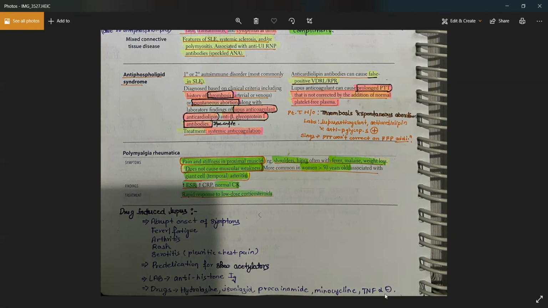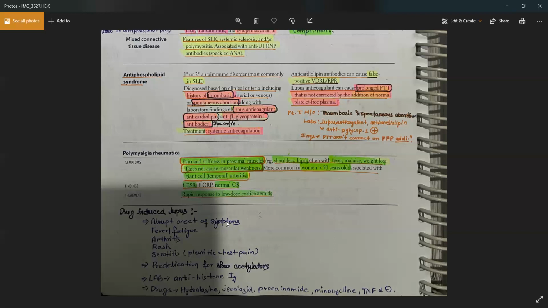Remember the mnemonic HIP: hydralazine, isoniazid, procainamide. One more drug is alpha methyldopa, which is also very important. I forgot to mention it here. So remember the mnemonic HIPA. These four drugs are very important for drug-induced lupus.